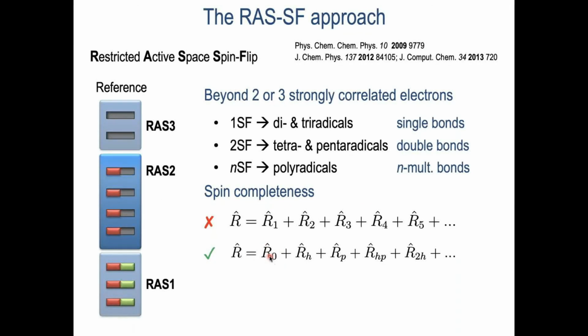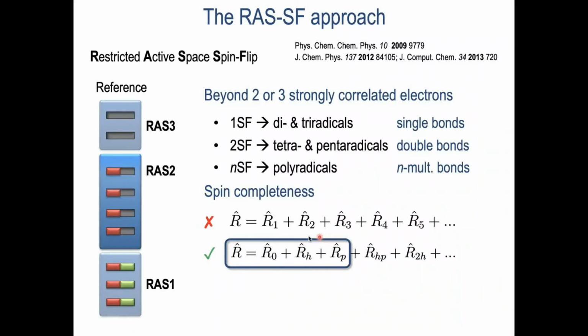So all possible excitations within RAS2, hole excitations, particles, and so on. Meaning that any truncation that we can do here will have all the elements to obtain wave functions which are pure singlets, pure triplets, or doublets, and so on.